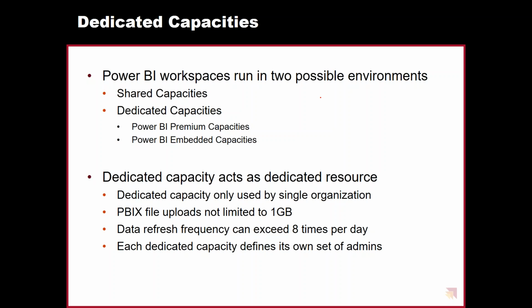However, once we have dedicated capacities, then we start opening things up to free users, that is, users that have Azure Active Directory accounts and the Power BI free license. We also open it up to unknown users. Now, the dedicated capacity acts as a dedicated resource. So a dedicated capacity is only used by a single organization, which is mostly true, unless you get the A1 SKU or the A2 SKU.